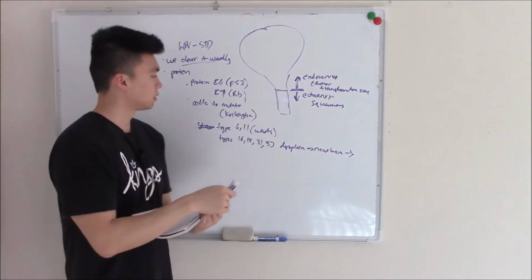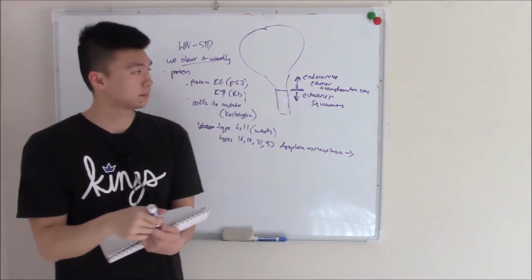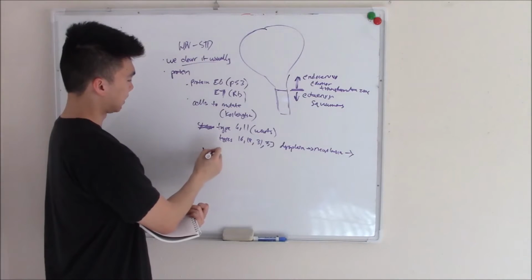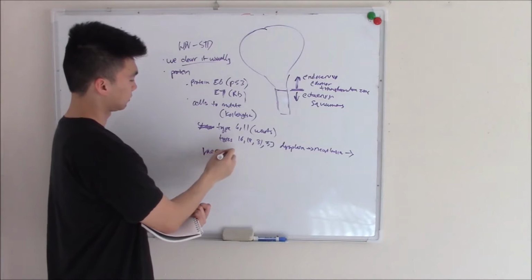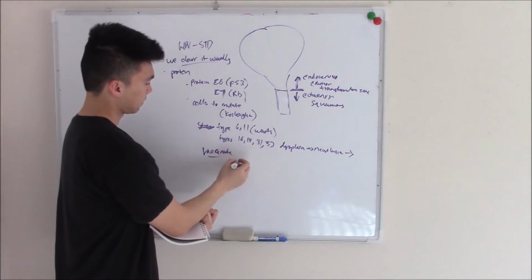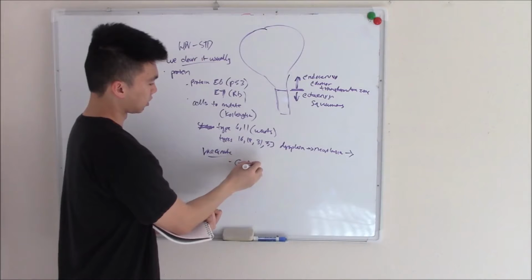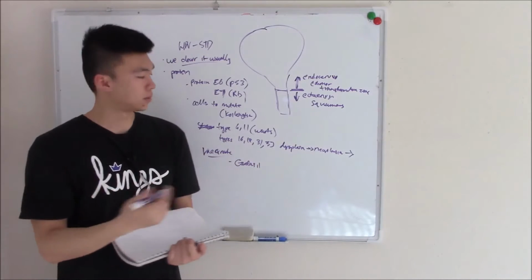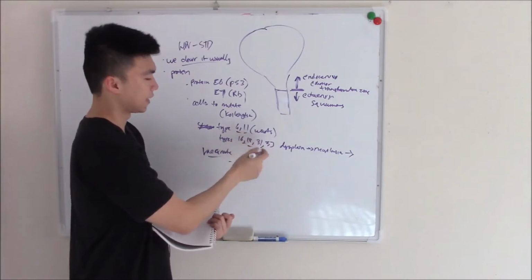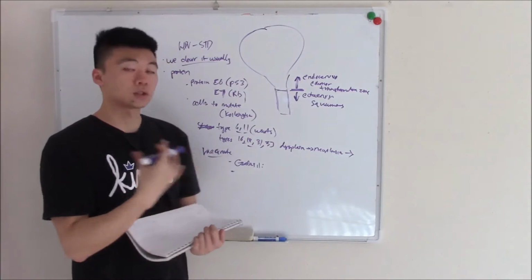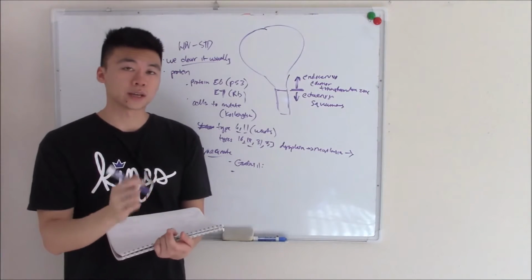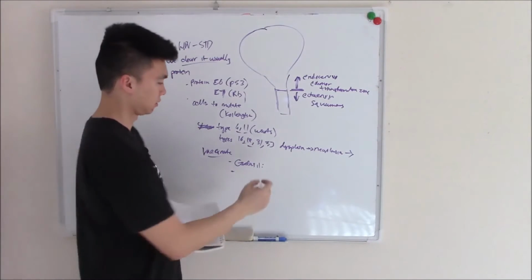Can we prevent HPV infections? We can vaccinate. Most common being Gardasil, and that protects against types 6, 11, 16, and 18. But I think the biggest contribution to lowering rates of cervical cancer from HPV would be your Pap smear.